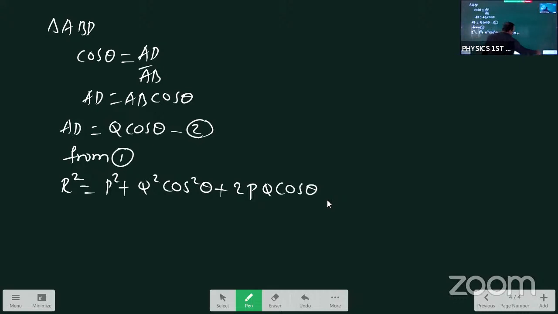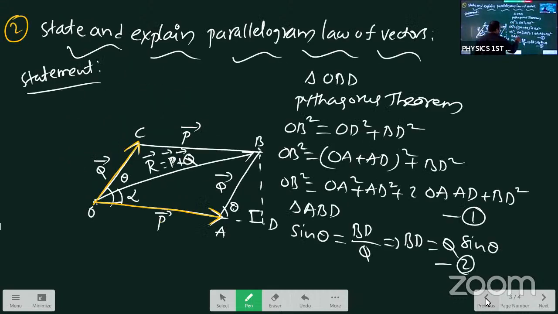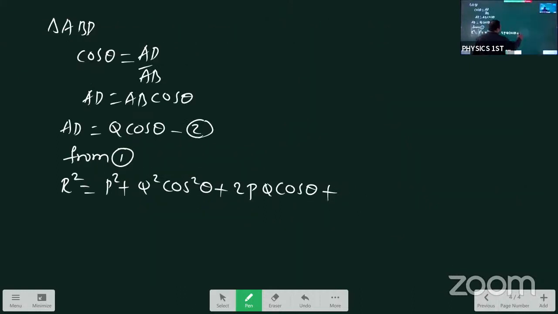Next, OA square plus AD square plus 2 OA AD plus BD square, Q square sin square theta.